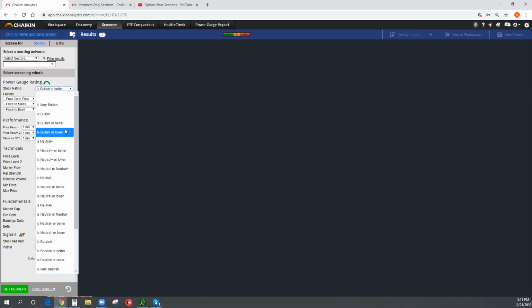I'm not sure what case you would use that in. I'd be interested to hear a case where you think you want to look for anything that's bullish or less. I mean, I don't know why you would have the starting universe, but we give you the ability to do that. We do that for every rating. So you can do neutral plus, just neutral plus, or everything above or below neutral plus on our rating system, et cetera, et cetera, et cetera. All the way down to very bearish.